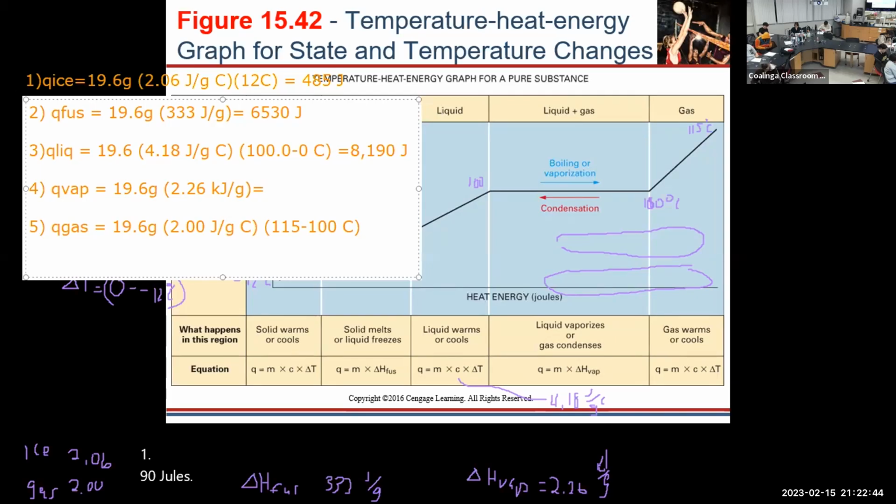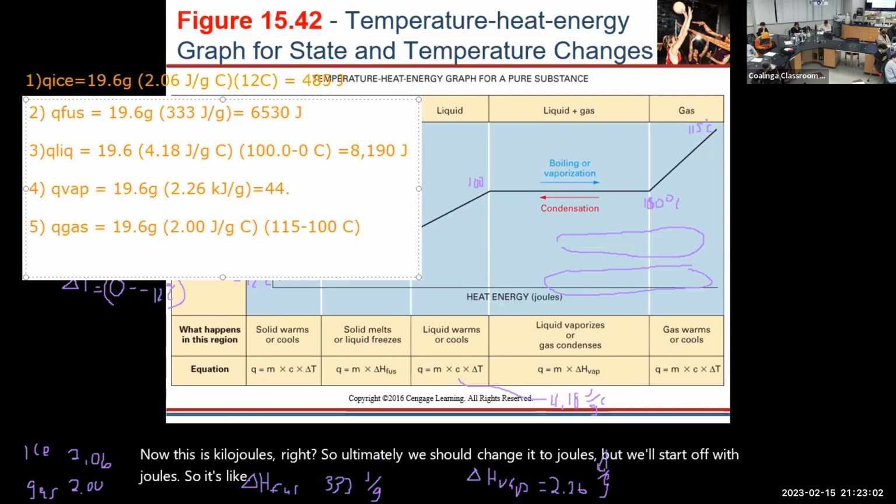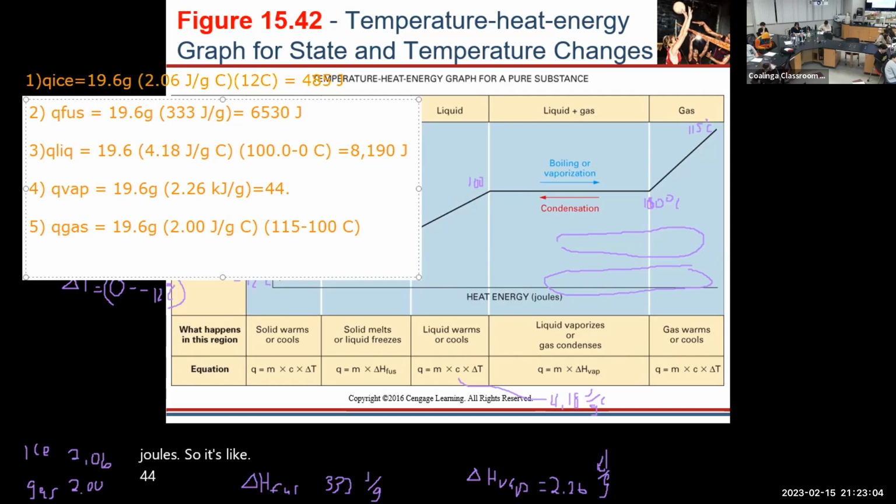Okay, now this one: 19.6 times 2.26. Now this is kilojoules, right? So ultimately we should change it to joules. So with 3 sig figs, it's 44.3 kilojoules, which is going to be equal to 44,300 joules.